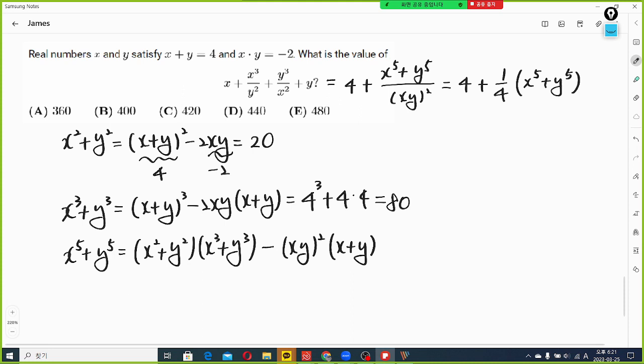So that means, now when this 1584 divided by 4 is, so what's the sum of these two? 400.